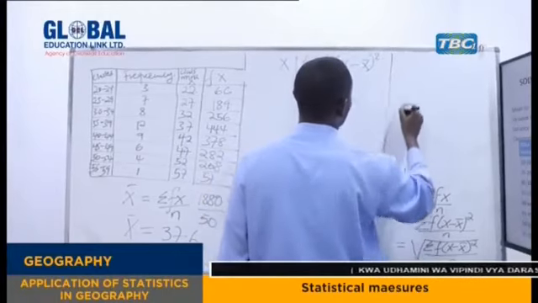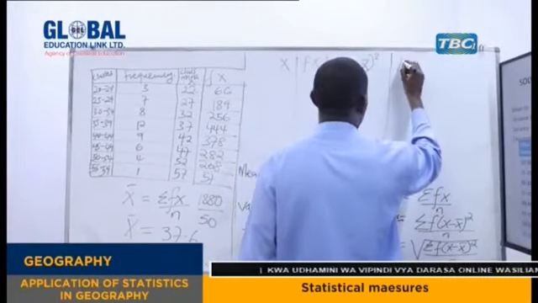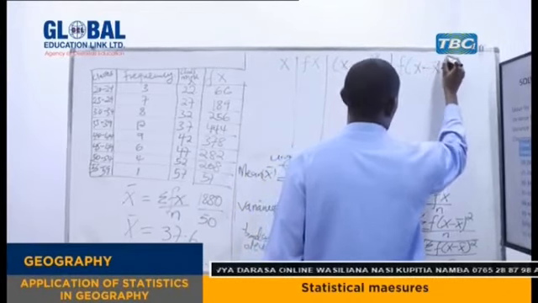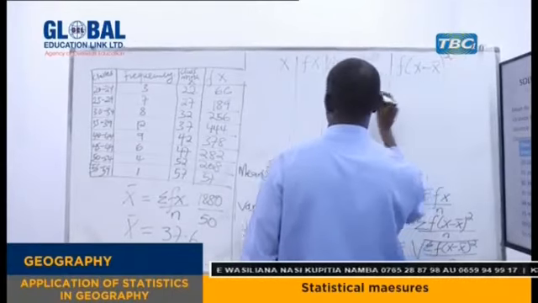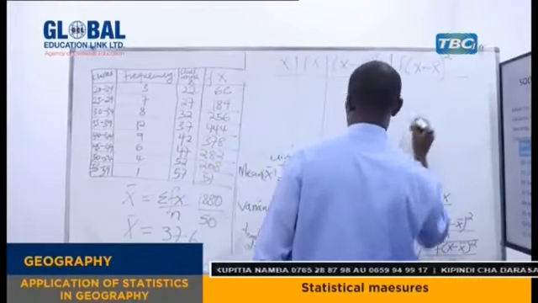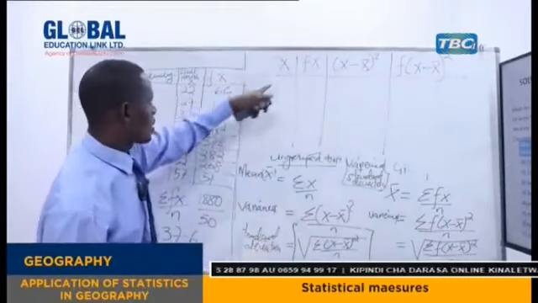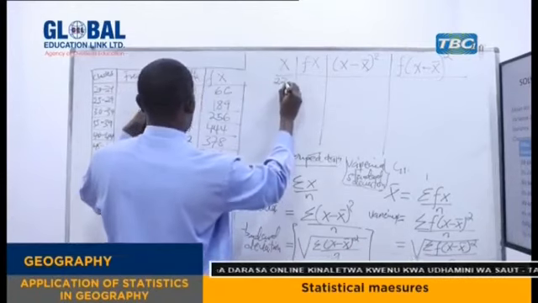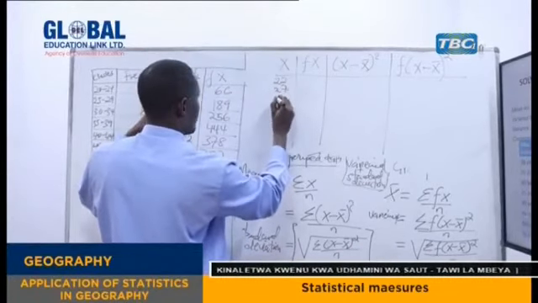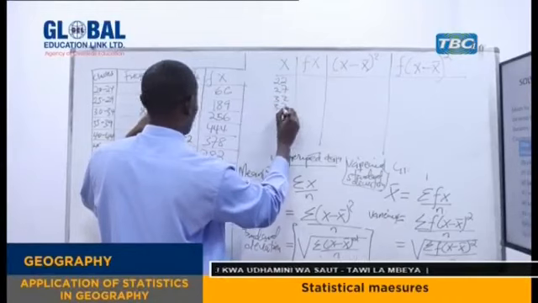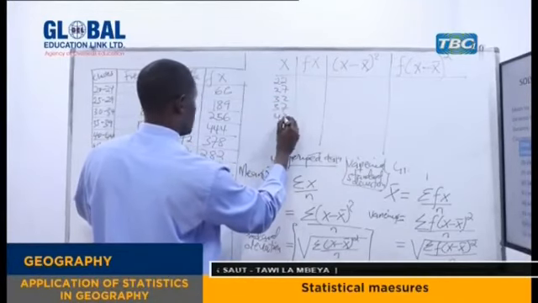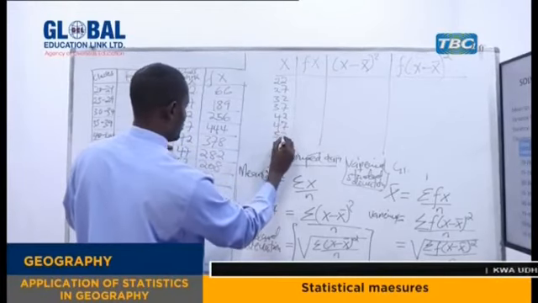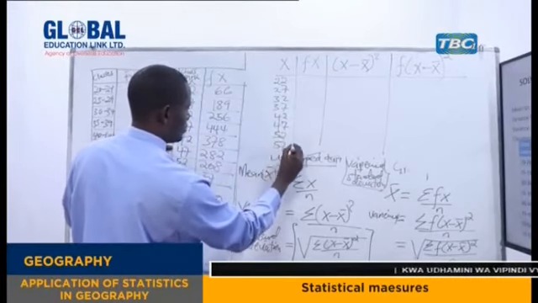Then we have another column for f times the bracket x minus x mean, squared. So from our data, we take the class marks that we have obtained: 22, 27, 32, 37, 42, 47, 52, 57.